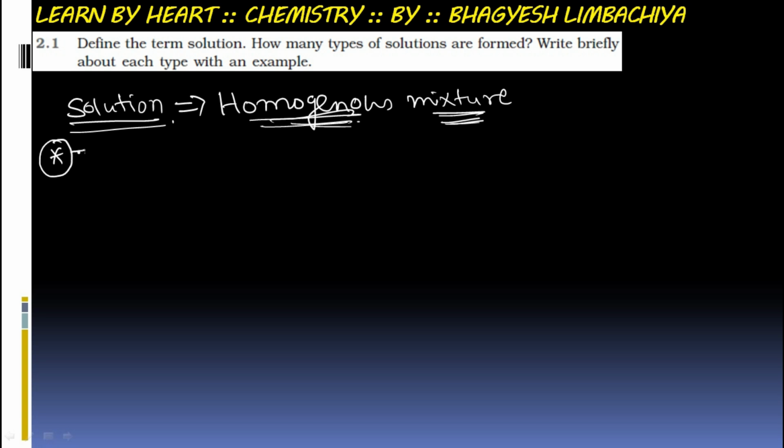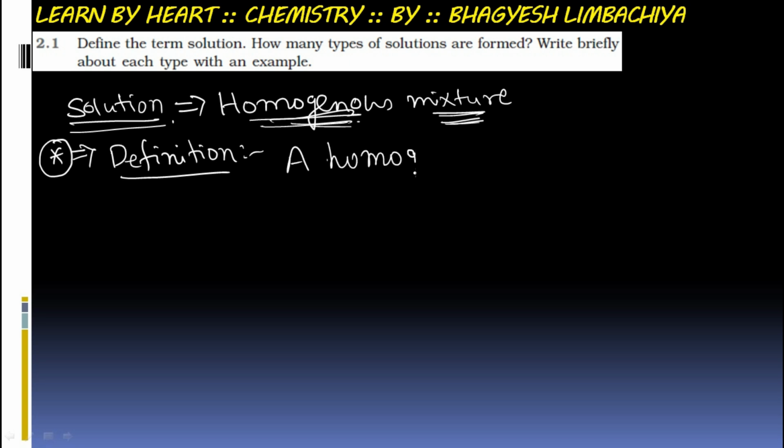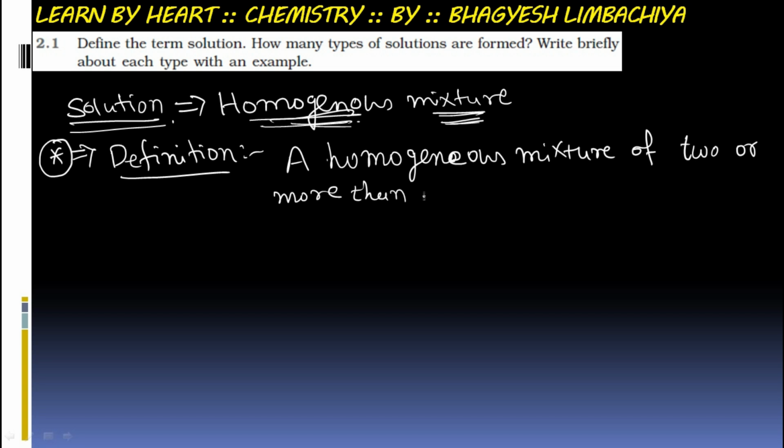So the definition of solution is: a homogeneous mixture of two or more than two components is called a solution.